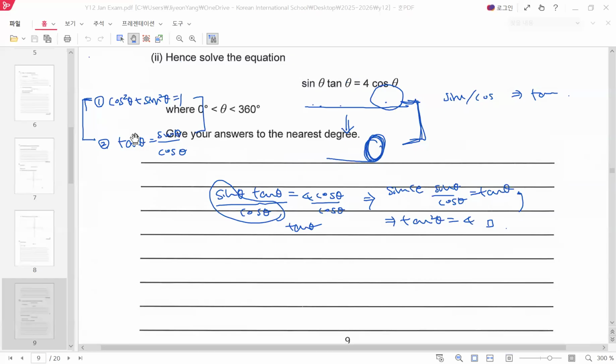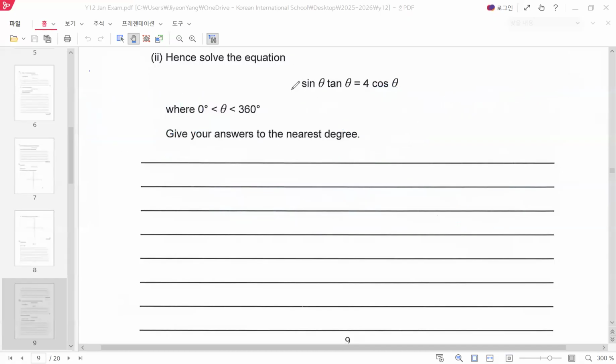And then students, the second question. Again, if they are connected, it means that you need to use the result from the previous question, which is tangent square theta equals 4.